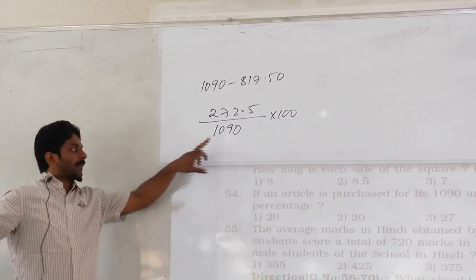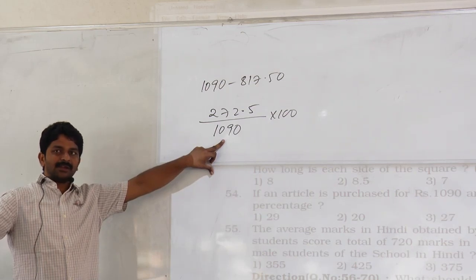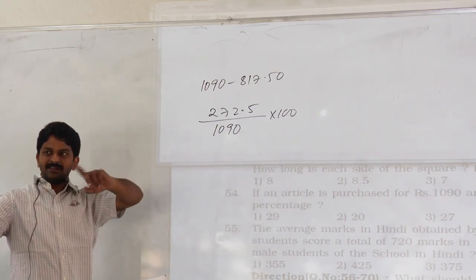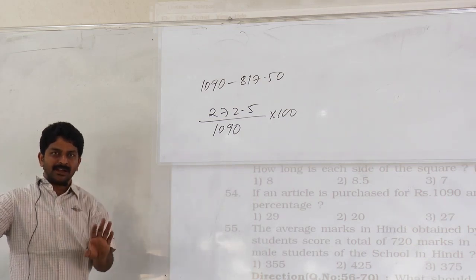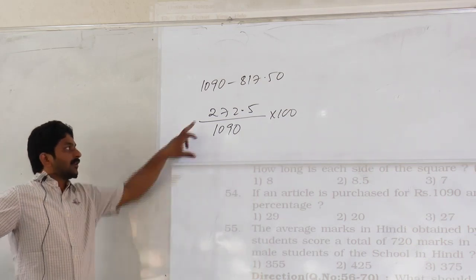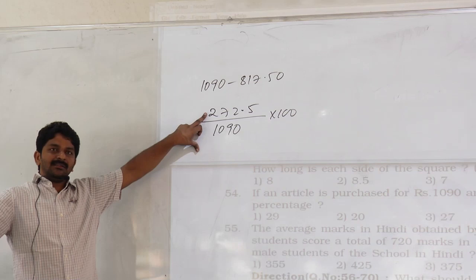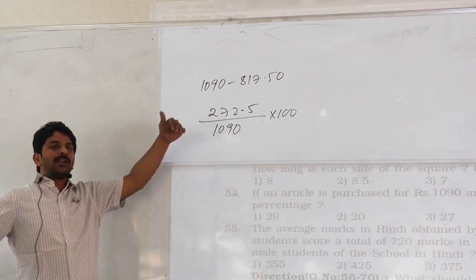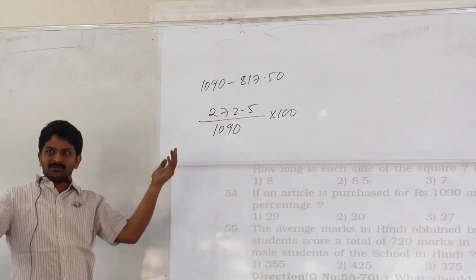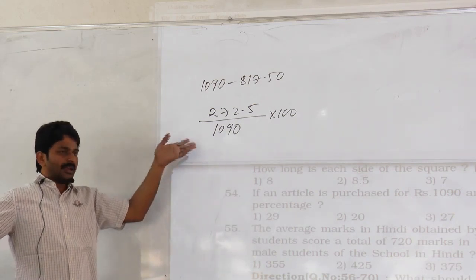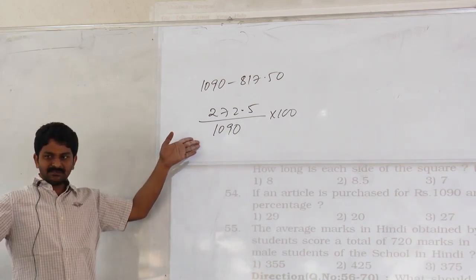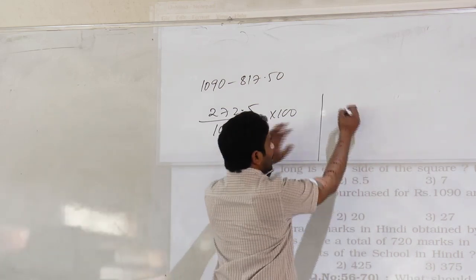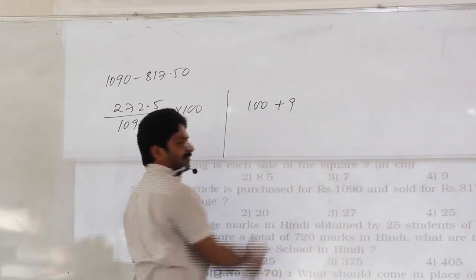Wait. What is 10% of the denominator? Which is 9 more than 100? Approximately 100 and more than that. How many hundreds are here? If your number is 200 and a number just above 200, you can go for the answer as 20%. 109, you can write this number as 100 plus 9.